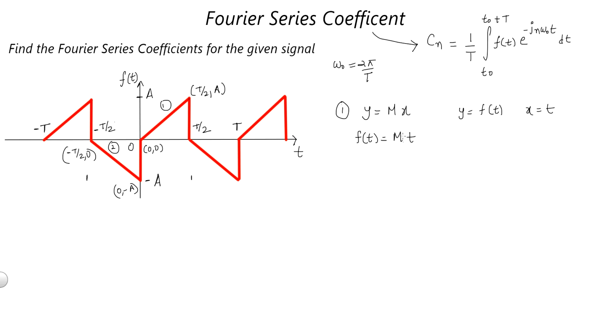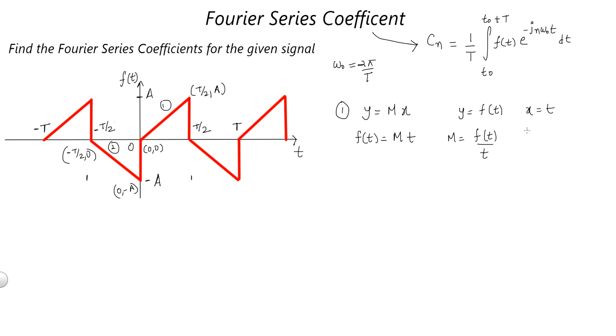So for the first part we need to find the slope m. So m is equal to f of t by t. Now we are putting this point in this equation for finding m. The value of f of t is equal to A and the value of t is T by 2.